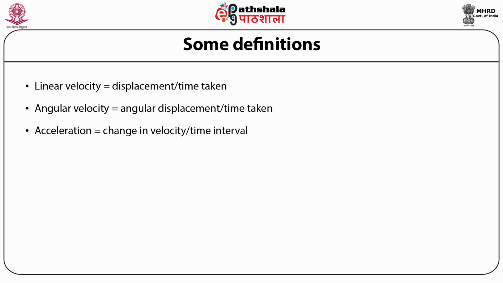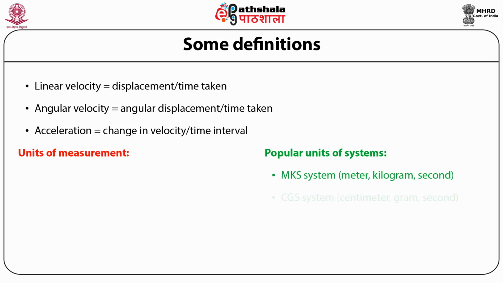So there are units of measurement involved here, which we already talked about at some point. In the MKS system of units, meter, kilogram and second are the basic units. The second popular system of units is the CGS system, where C stands for centimeter, G stands for gram and SS stands for second.